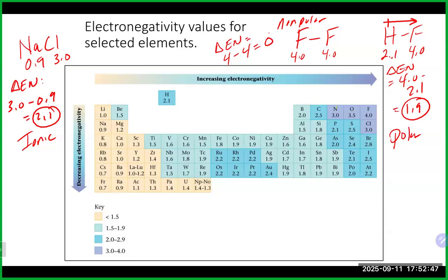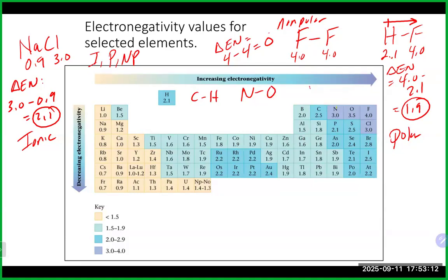So why don't you try, probably this one's easier to see. Use the difference in electronegativity values here to determine, is it ionic, is it polar, or is it non-polar type bond? If we have a bond between the following things, let's do carbon and hydrogen. Let's do nitrogen and oxygen.